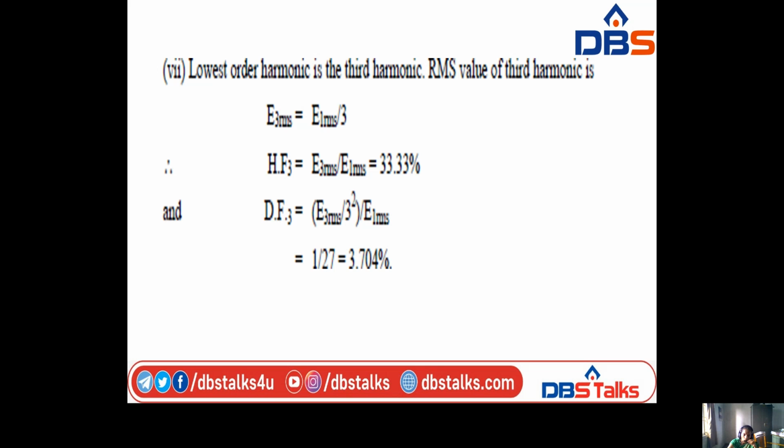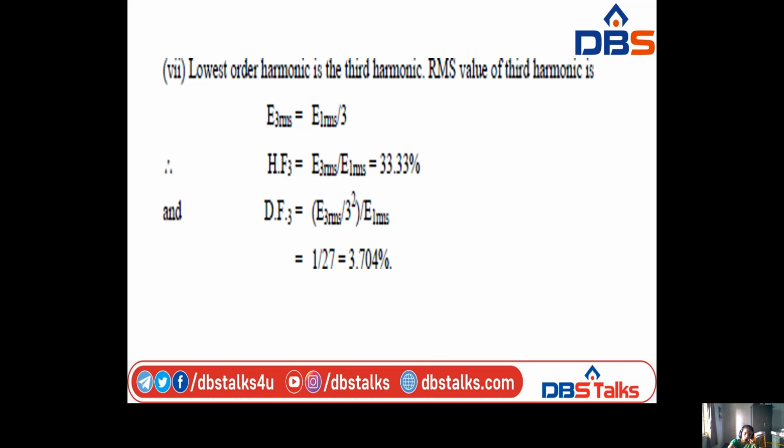Next, the lowest order harmonic is the third harmonic. So the lowest order will be the third harmonic. The RMS value of the third harmonic E3 RMS equals E1 RMS by 3. Then the harmonic factor of the third harmonic will be E3 RMS by E1 RMS.